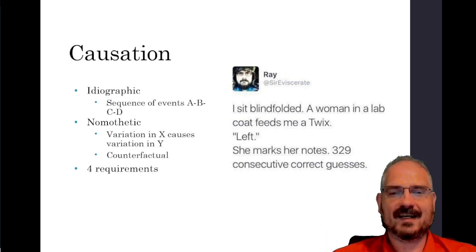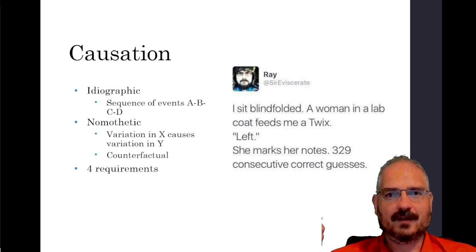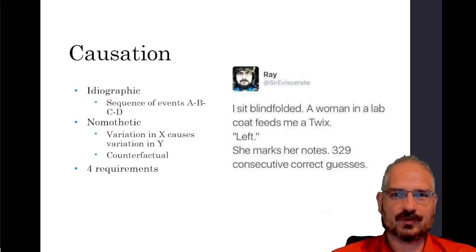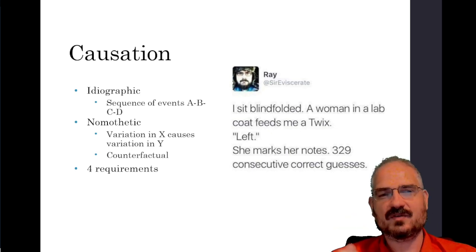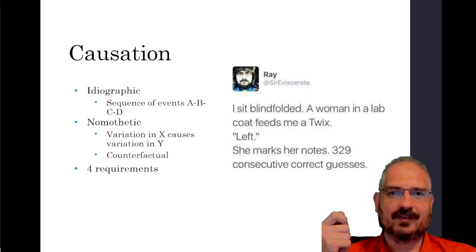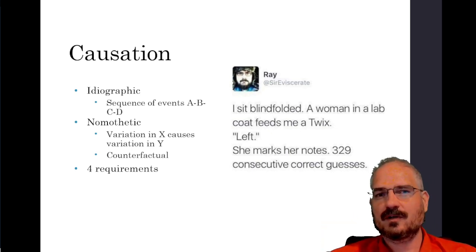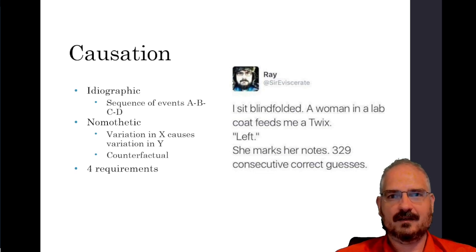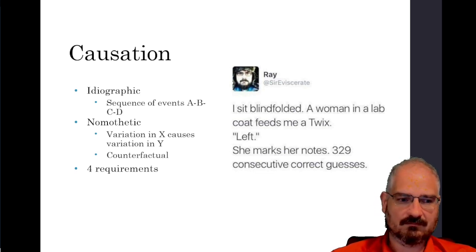We elect a new president and the economy gets really good. Was it the new president that caused the economy to get really good? Or would it have gotten better anyway? Right? We don't have, in those situations, a counterfactual. We have no evidence, we have no data to give us much of a clue what would have happened without that thing that we think is the cause here, but might not be.